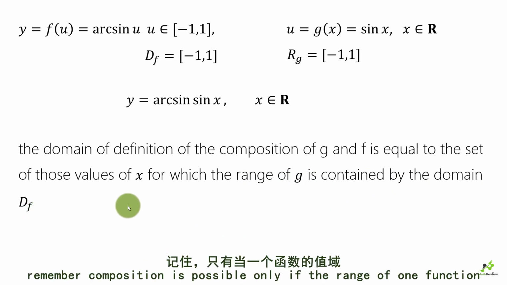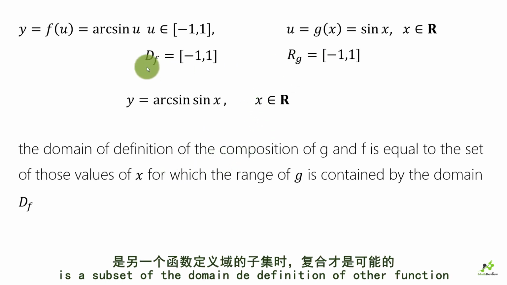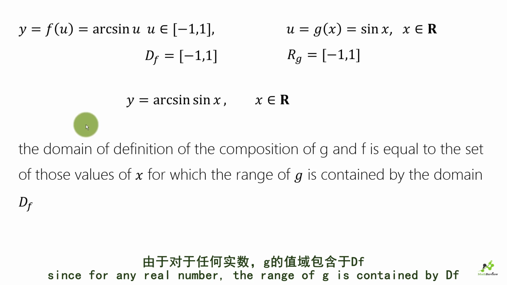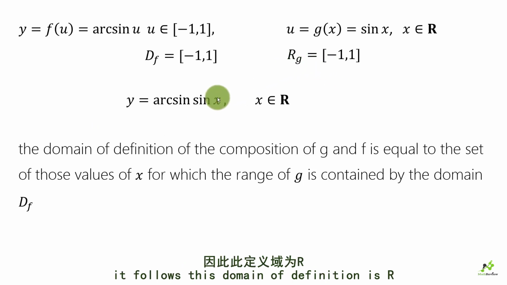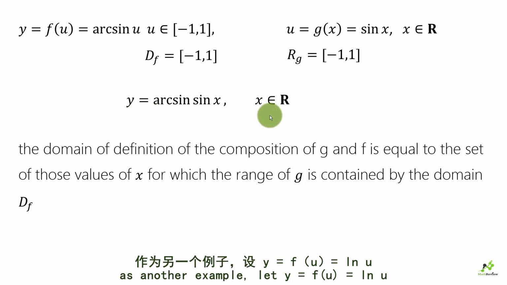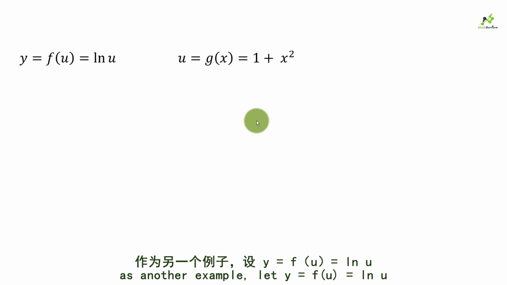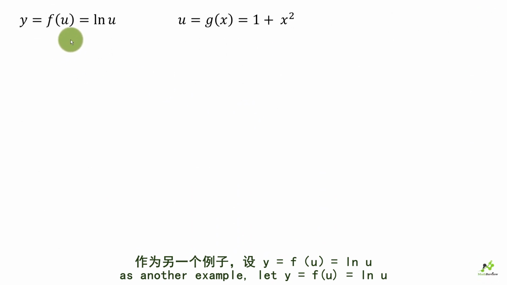Remember, composition is possible only if the range of one function is a subset of the domain of definition of the other function. Since for any real number the range of g is contained by df, it follows that this domain of definition is R.